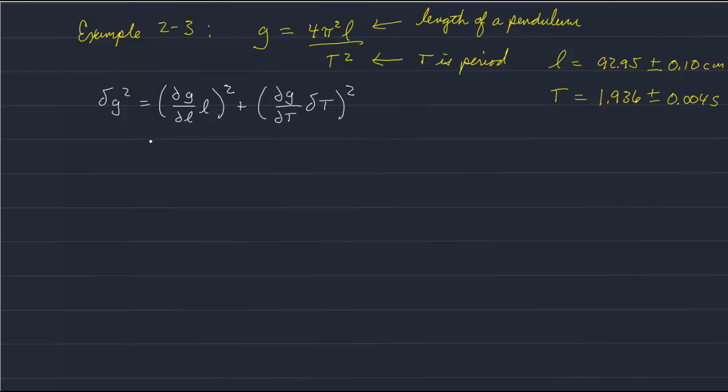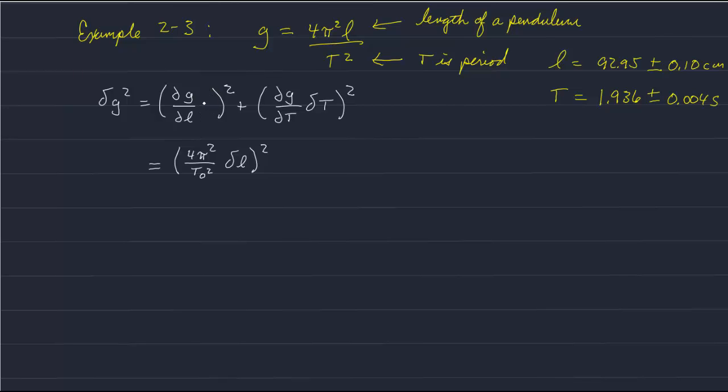And this becomes 4 pi squared over T naught squared times delta L squared, and I'm noticing I wrote L here.